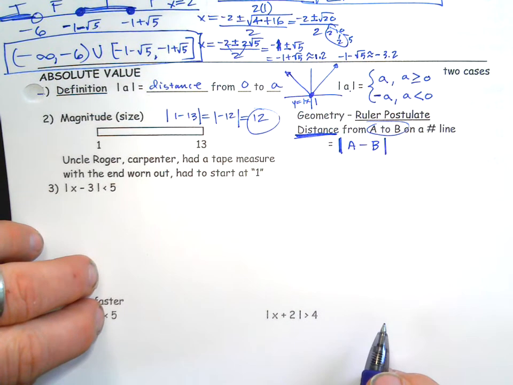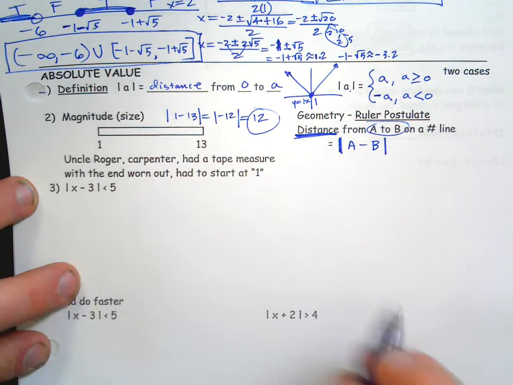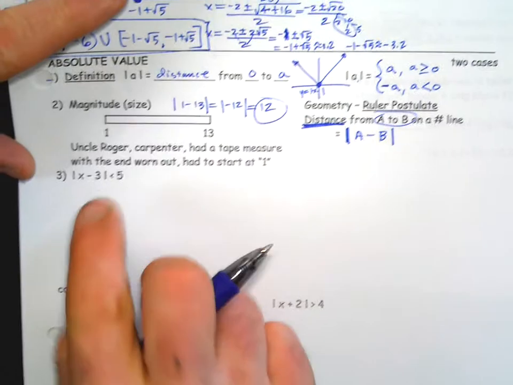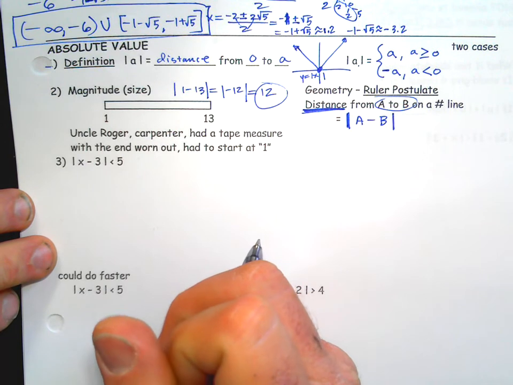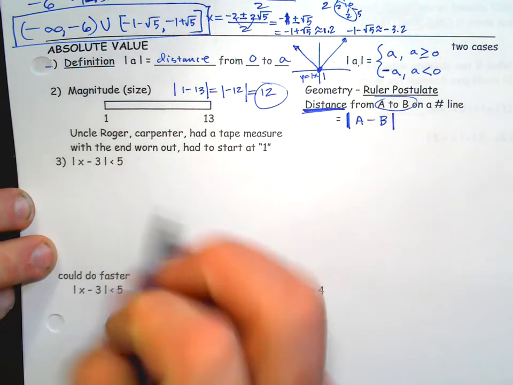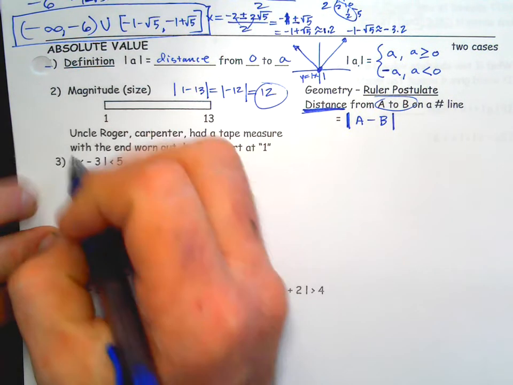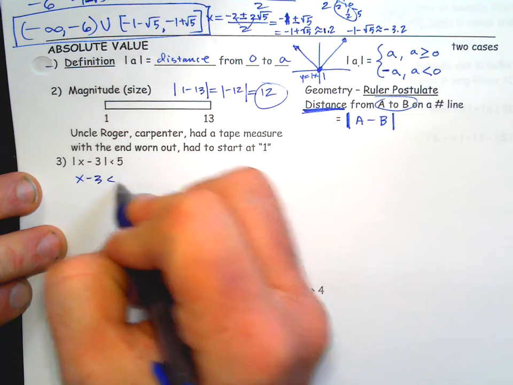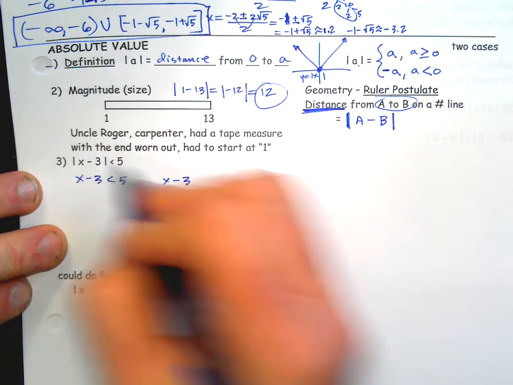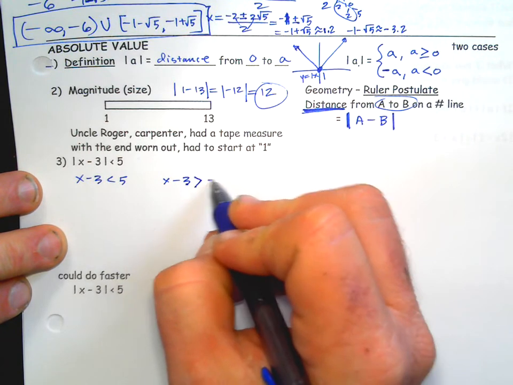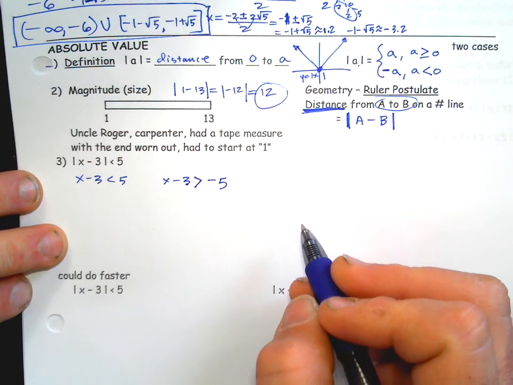Okay? Now, if we go to this problem right here, here's an absolute value inequality, a simpler one than on the warm-up, but still something that we could find a shortcut to. Here's the way you used to do it, at least the way I taught my students. You would just drop the absolute value bars, flip the symbol and change the sign. And then the word in between was critical.